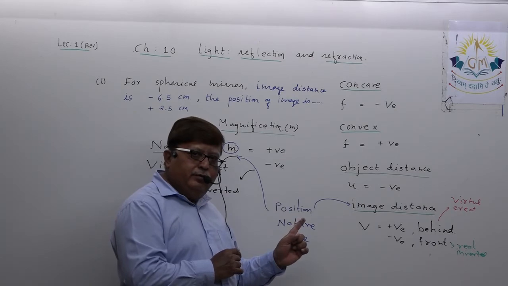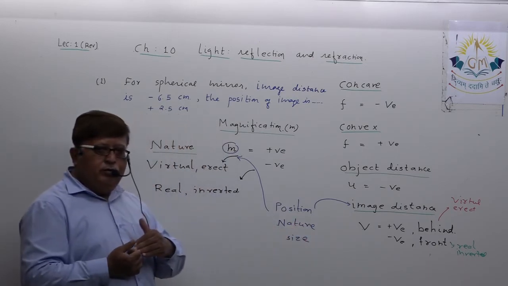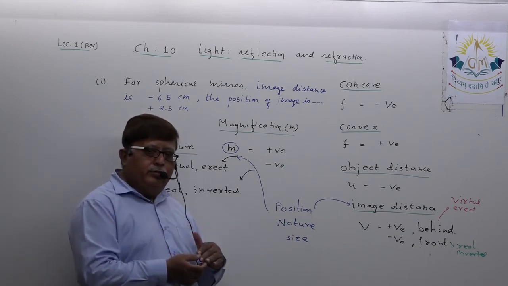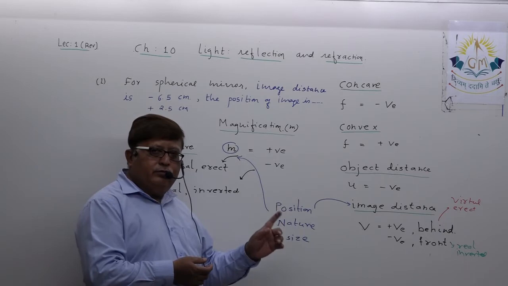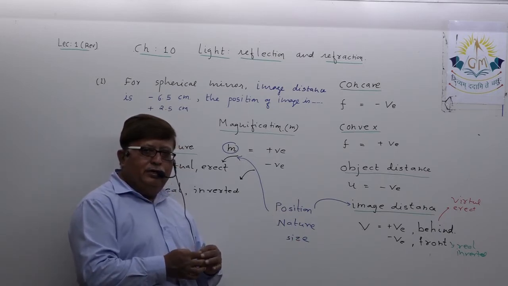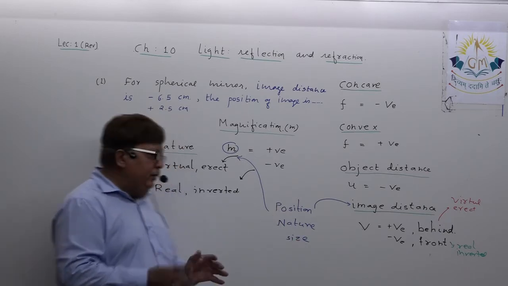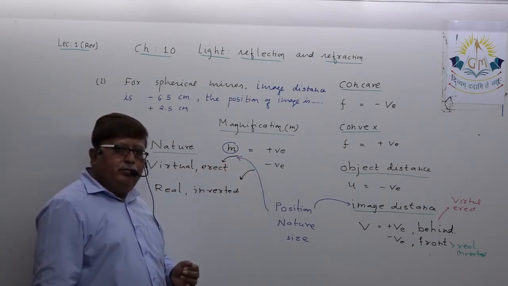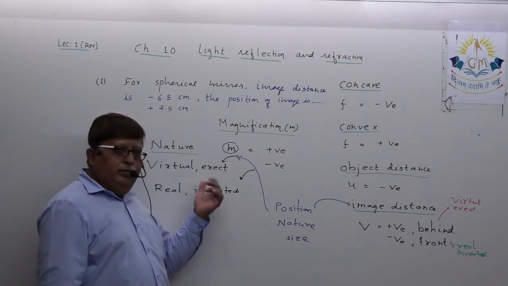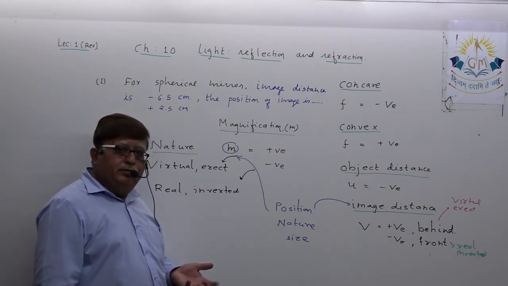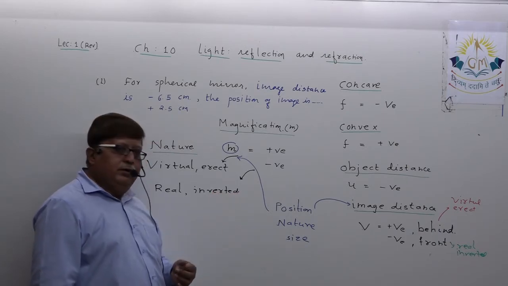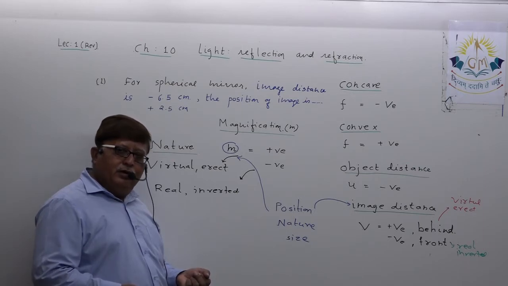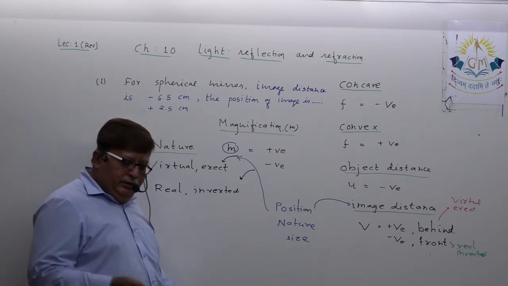V negative, image in front of the mirror, so it is always real and inverted compulsorily. From magnification positive, image is virtual and erect. Magnification negative, image is obviously real and inverted. Understood?